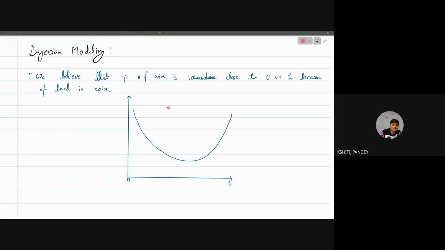And after seeing the data, this may change. So this is our approach here. We think of the parameter of estimation as a random variable based on our prior belief that the unknown p will have some distribution, and after seeing the data, that distribution may change.